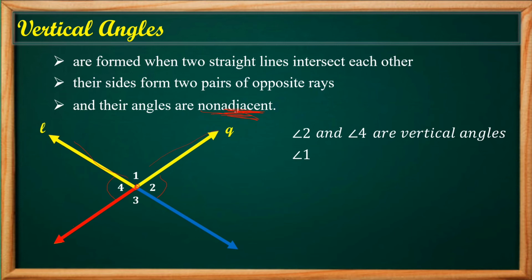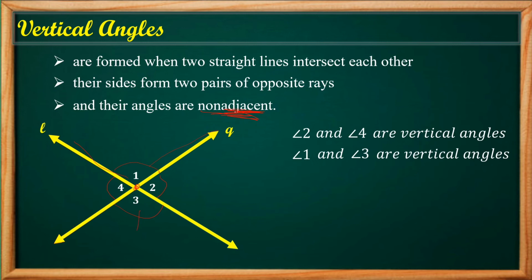Okay, that would be angle 1. And how about angle 3? That would be angle 3. Then, they are also vertical angles. Yan siya, si angle 1 at saka si angle 3. They are vertical angles, and angle 4 and angle 2, they are vertical angles.